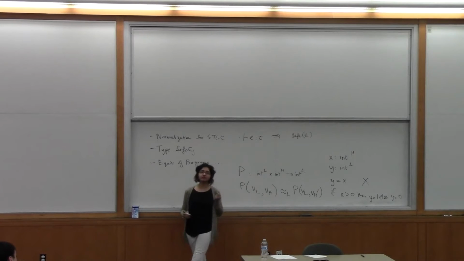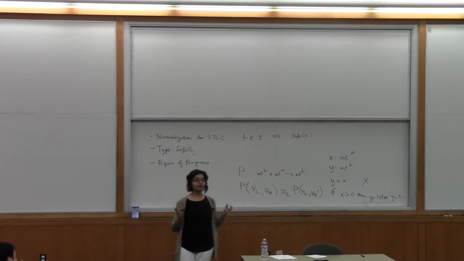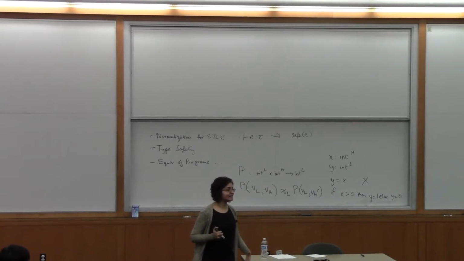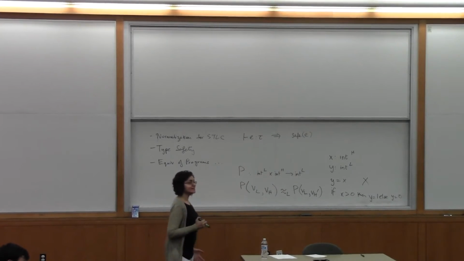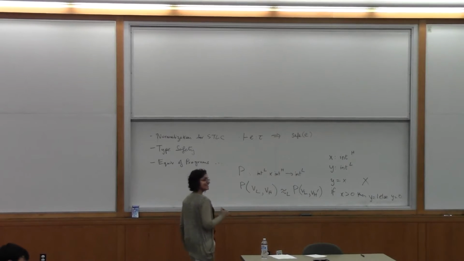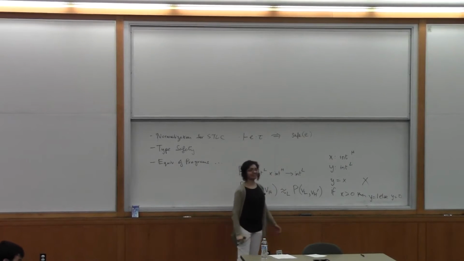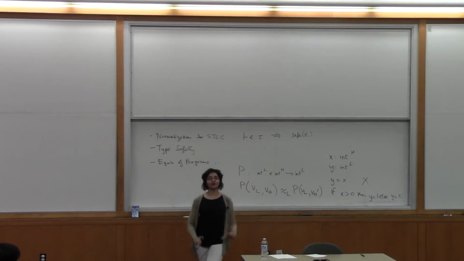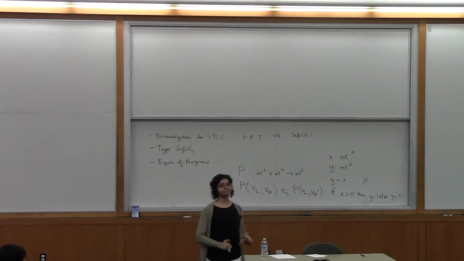That these two should produce equivalent answers. What does that mean? Yes? It means that the two programs are indistinguishable to someone with access to low security data. Exactly, right? The two programs are indistinguishable to someone who can only observe the low security data.